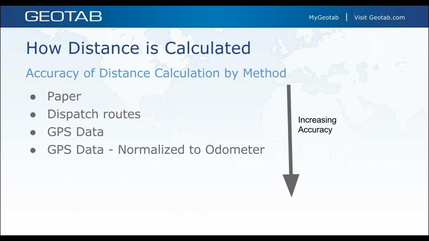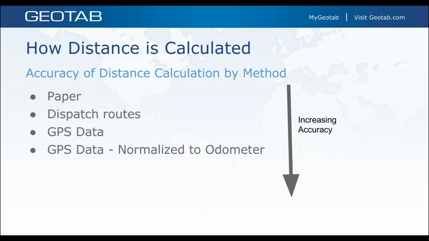However, it's much more accurate than paper and dispatch routes generally, and your error might be in the range of 2% from actual. What Geotab does, and what is generally accepted as the most accurate method to calculate the distance, is to use GPS data that is normalized to the odometer.